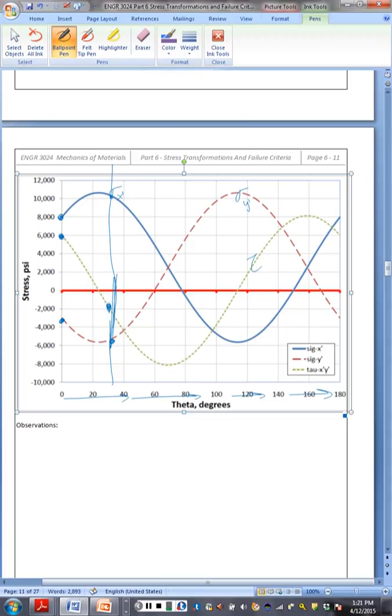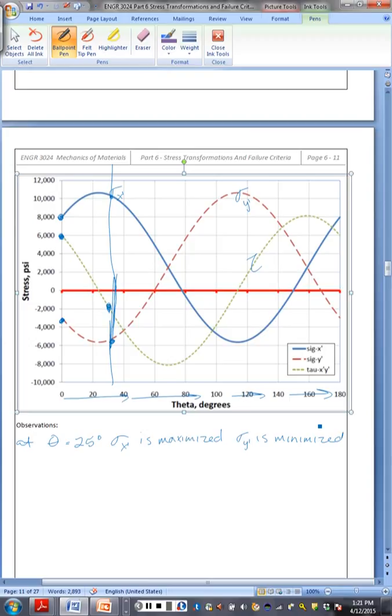The very important thing that you see is that at a rotation angle of approximately 25 degrees, you have the largest value of sigma x prime, and that corresponds with the smallest value of sigma y prime.